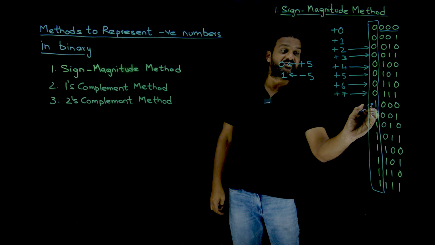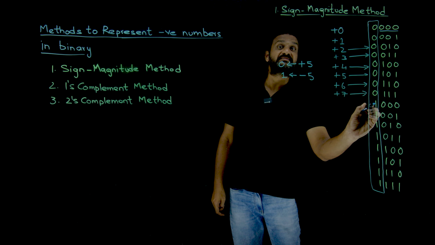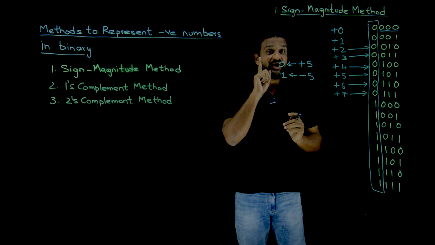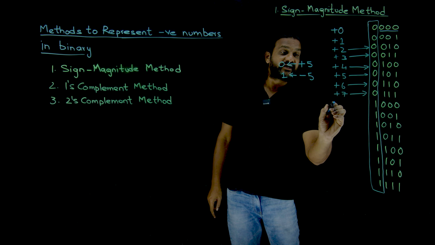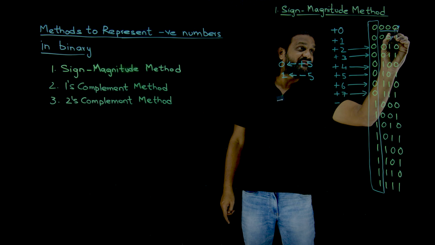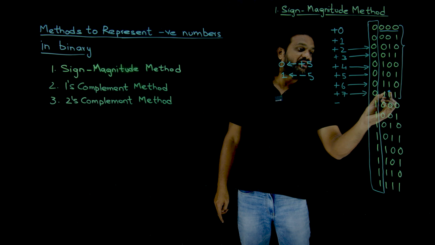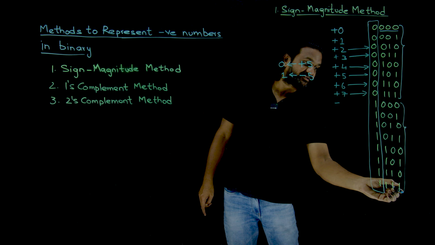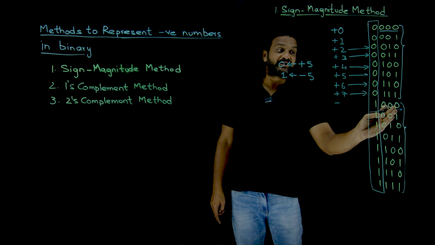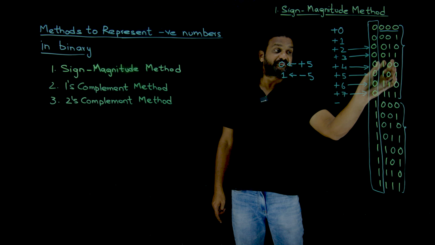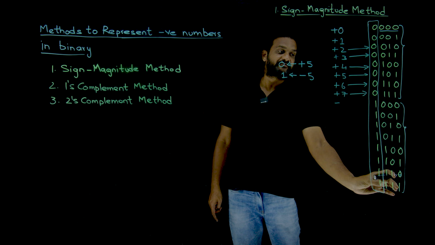Now coming from here, the leftmost significant bit is 1, which means it is negative. The magnitude bits 000 and the same sequence will repeat again, so all these 3-bit patterns repeat.